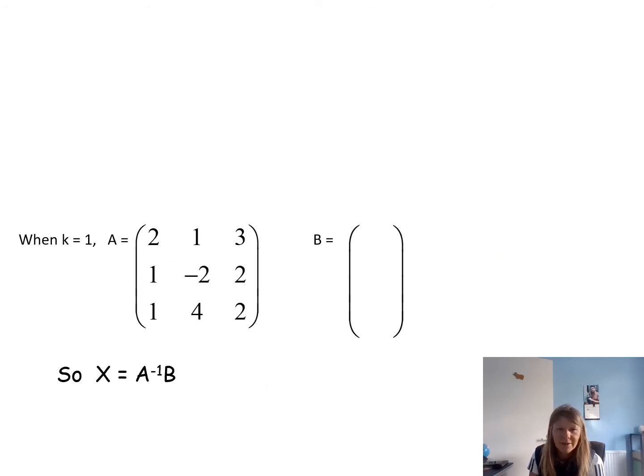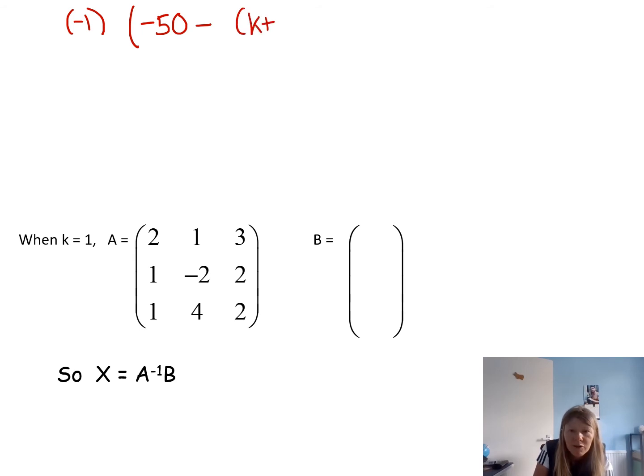Right, let's see. So we were expanding that 2 by 2 out. So we had minus 1. If we expand that matrix there, 5 times minus 10 is minus 50. Take away those 2 things, k plus 7 times k minus 8.